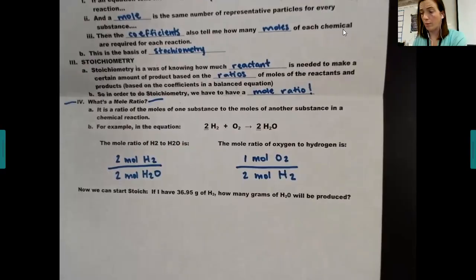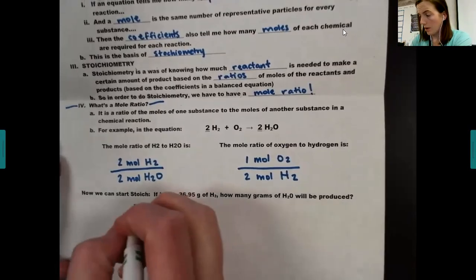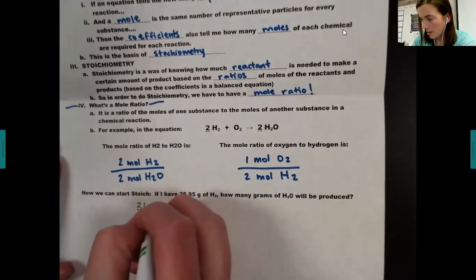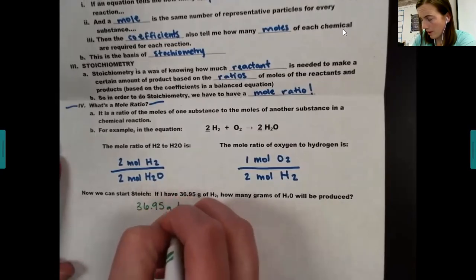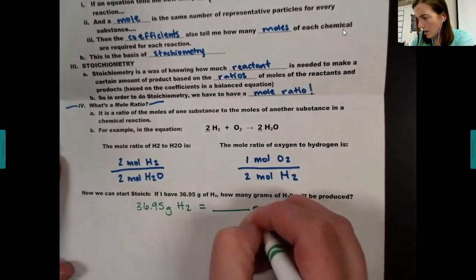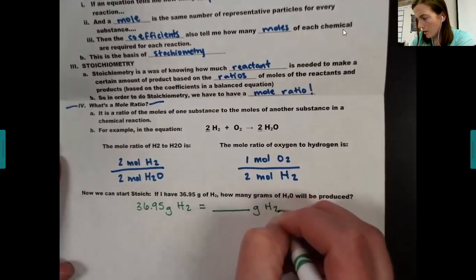Let's do an example problem together. If I have 36.95 grams of hydrogen, how many grams of water will be produced? So the question is saying 36.95 grams of hydrogen is equal to how many grams of water?